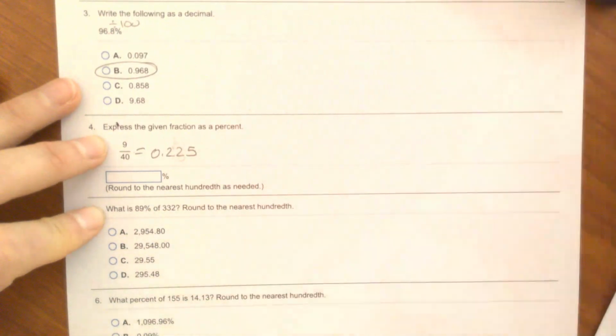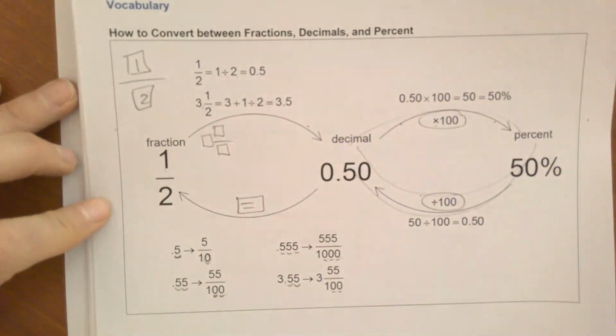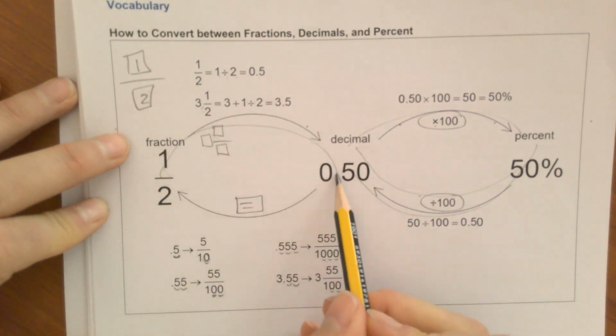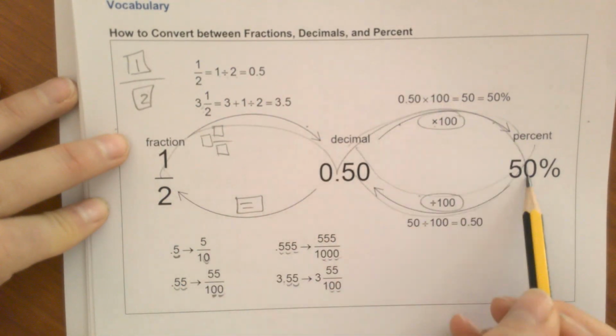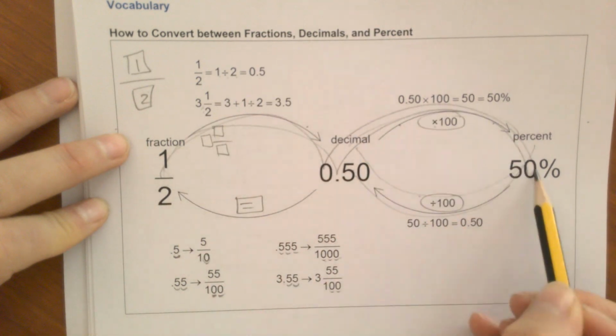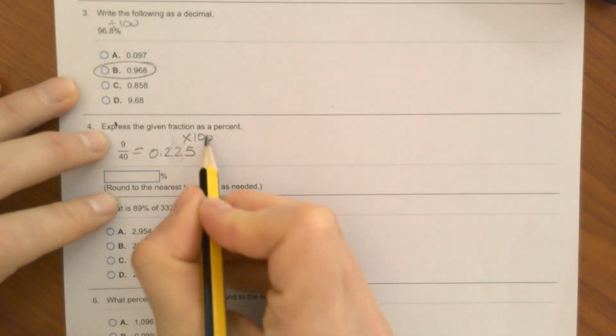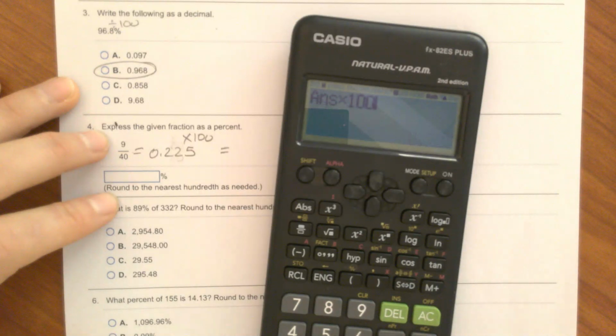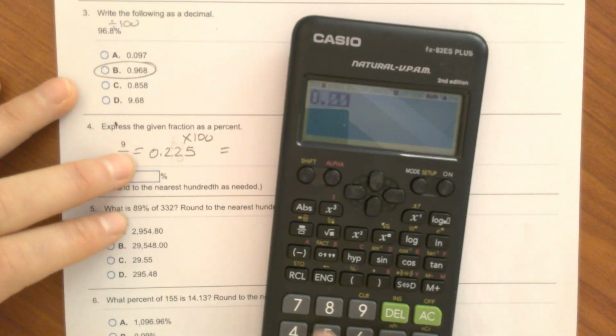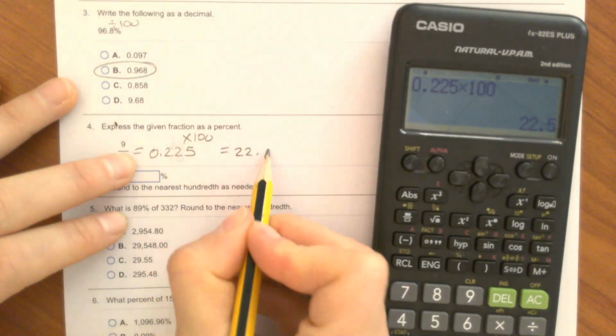So if I look at this, I have to go from a fraction to a decimal to a percent. So I have to do 2 steps. So right now I'm at a decimal. Now to percent, I must multiply it by 100. So that will give me this multiplied by 100. Let's do it. 0.225 multiplied by 100, and so that's 22.5%.